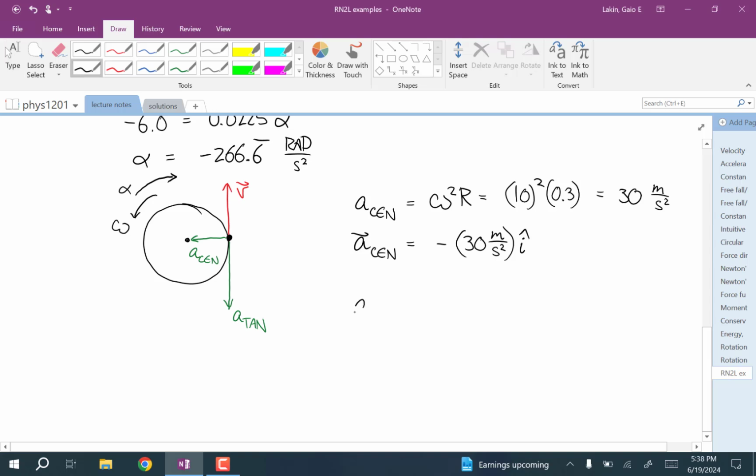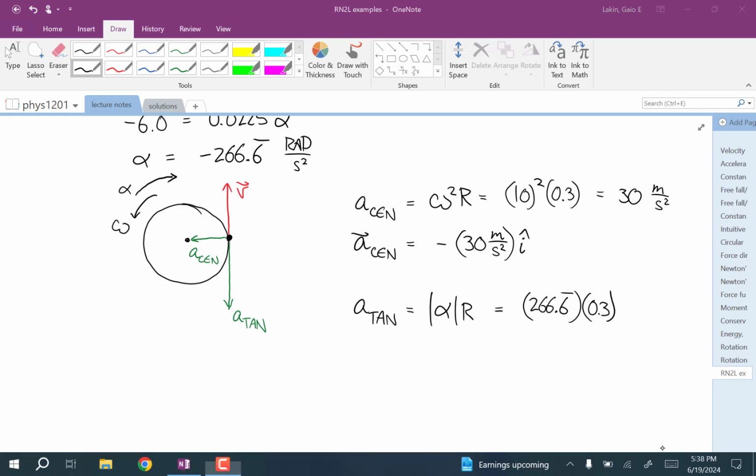And now we'll go to the tangential acceleration. The magnitude is the absolute value of alpha times r. So that's 266.6 repeating times 0.3, and that is 80 meters per second squared.